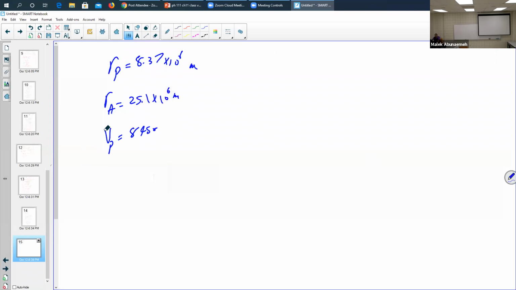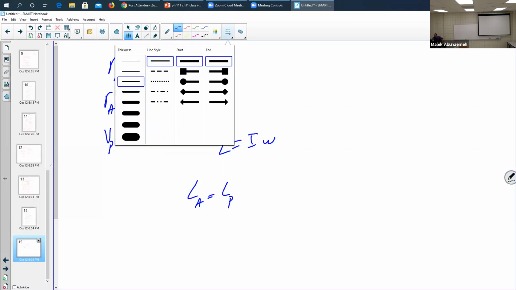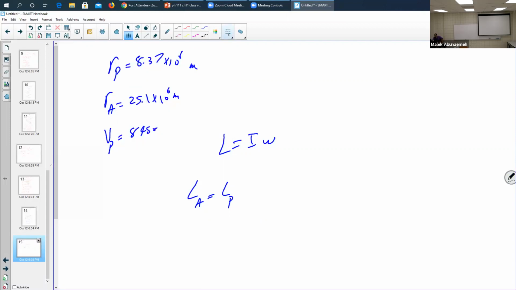Now we said that your angular momentum equals I omega. That means your angular momentum for the apogee equals the angular momentum for the perigee. This is going to be I omega for the apogee equals I omega for the perigee.